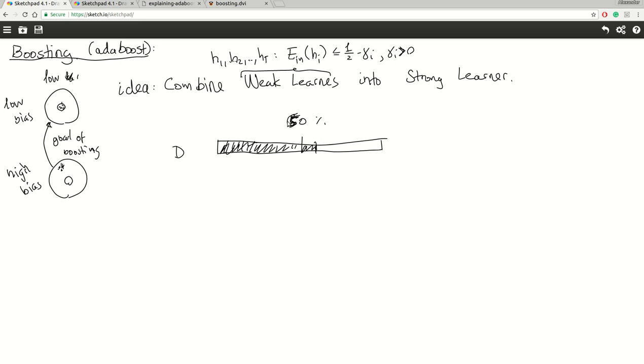But it's binary classification, so I could just flip everything I said, and then I would only be wrong on 40% of the data. So the worst you can do in binary classification is actually 50% wrong. In the other case, you could just flip what you're saying, and then your result would be better.